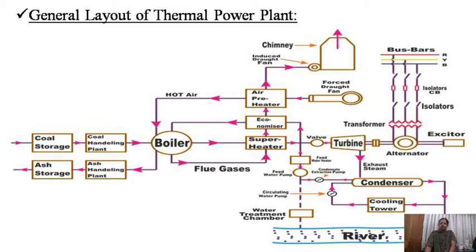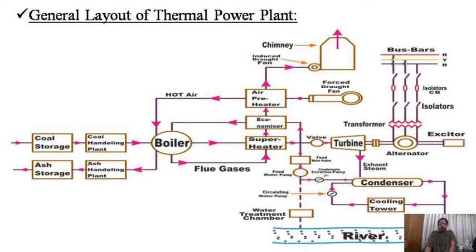It derives the heat from the flue gases to heat the feed water. The feed water from the economizer is then fed to the boiler. Next is the air preheater. The air preheater increases the temperature of the air supplied for the coal burning by deriving the heat from the flue gases.